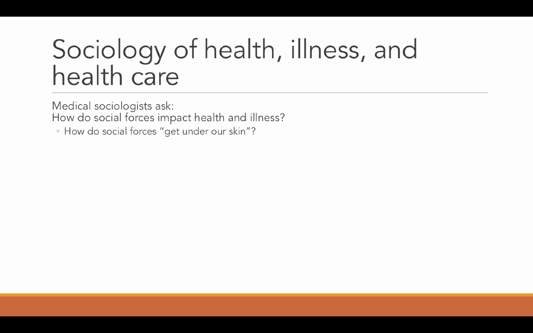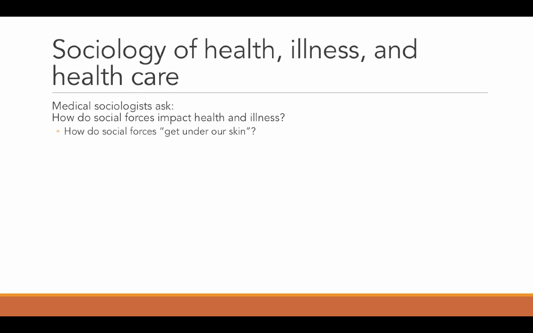So let's consider for a moment how a biologist might study health and illness. They're mainly concerned with what goes on inside the body or immediately surrounding the body. They're focusing on pathogens and germs and viruses and how our bodies function. Sociologists are looking outside the body for clues about why health and illness take on patterns in society, right?